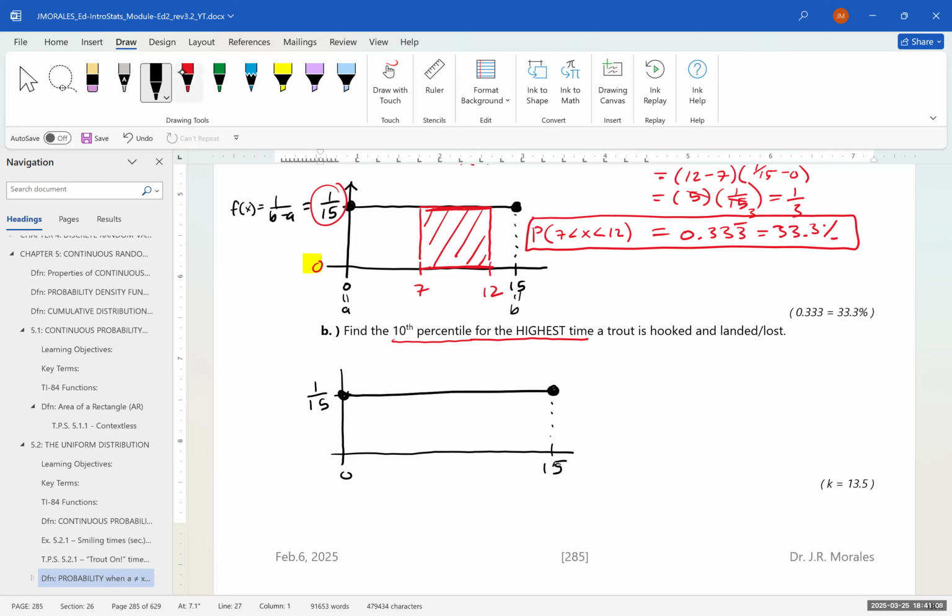So find the 10th percentile for the highest time a trout is hooked and landed or lost. What that's talking about is the highest 10%, which would be this area here. So what is it that we're really looking for? We're actually looking for this area, which is the area of the lower 90%.